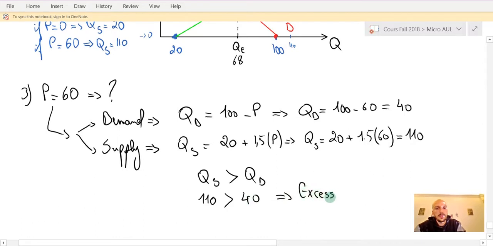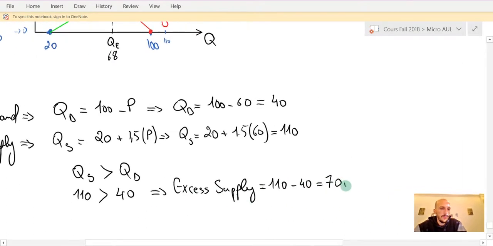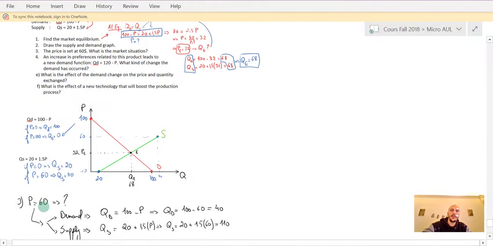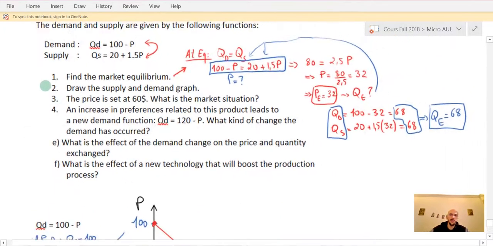So we have excess supply, and this excess is approximately the difference between 110 minus 40, so approximately 70 units. Okay, great. So here's the answer for question 3. If the price equals 60, what is the situation on the market? And then in question 4, we have the following.